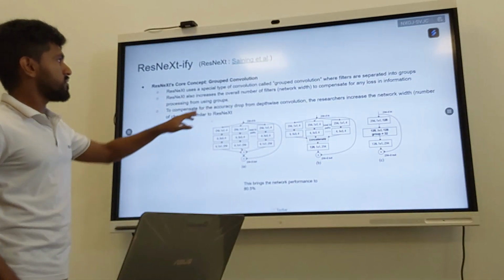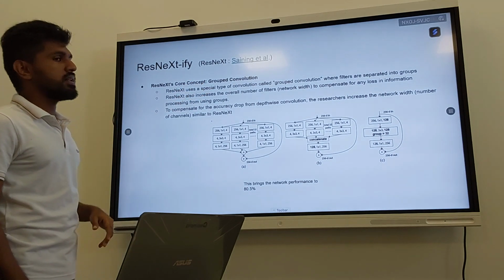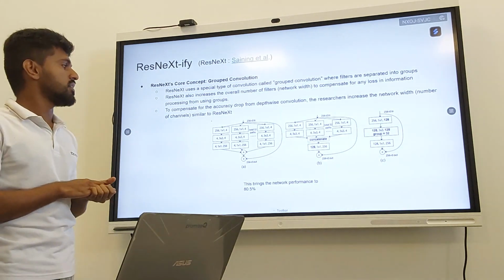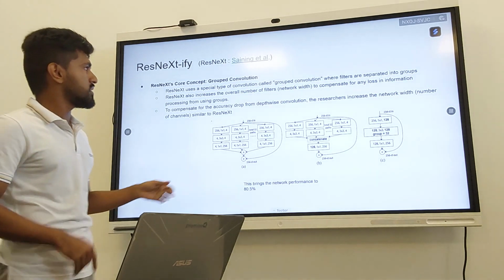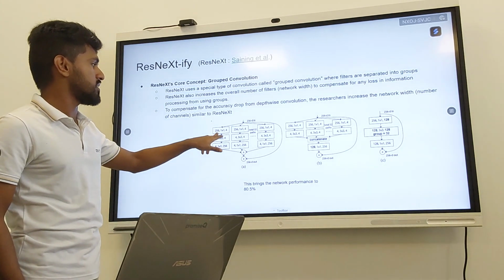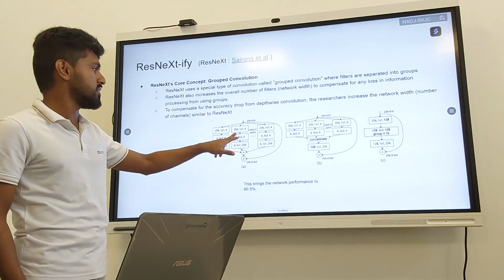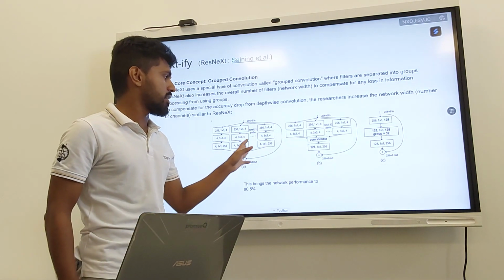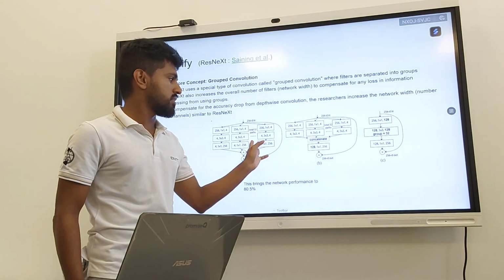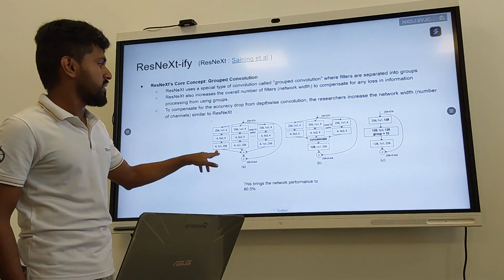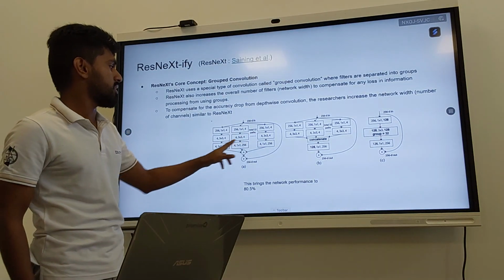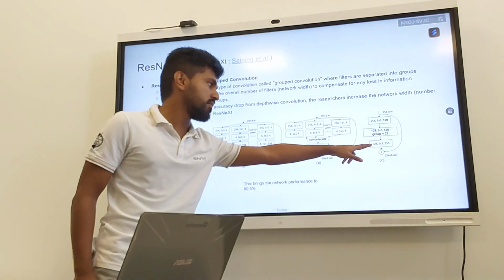In the ResNeXt paper they introduced group convolution into the ResNet architecture. Group convolution works like this: there are several groups for the different features. This is the equivalent diagram for this network, and you can see there are 32 different groups, and after finally combining you can get the 128 convolution.